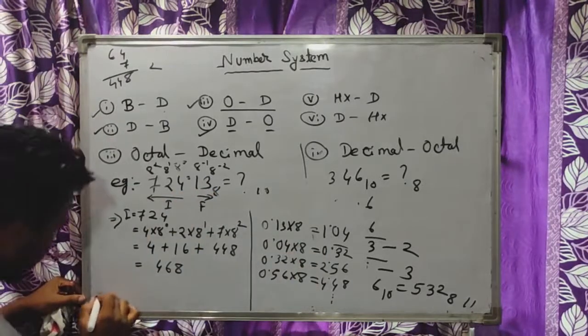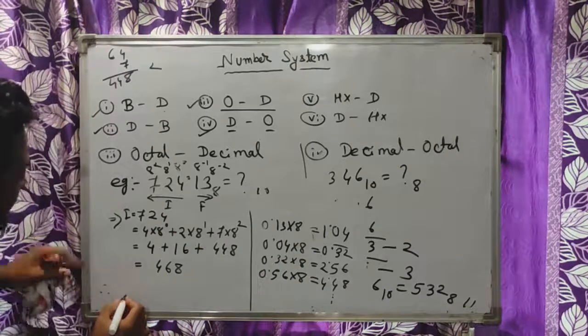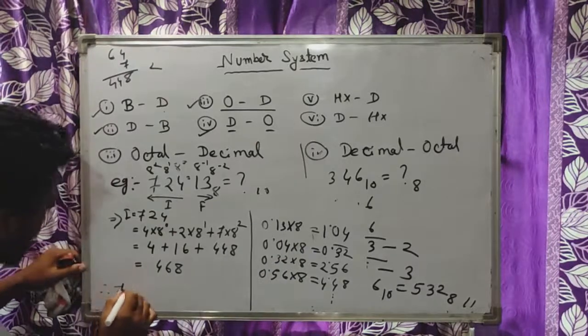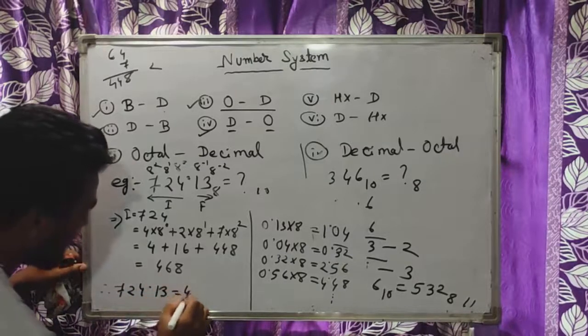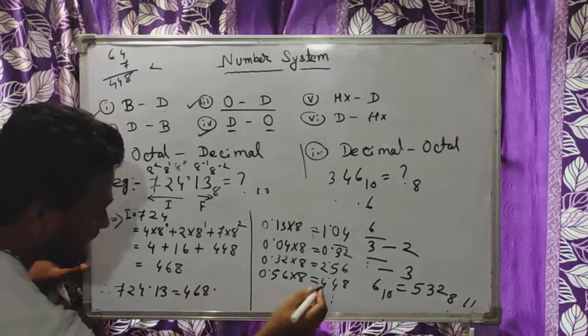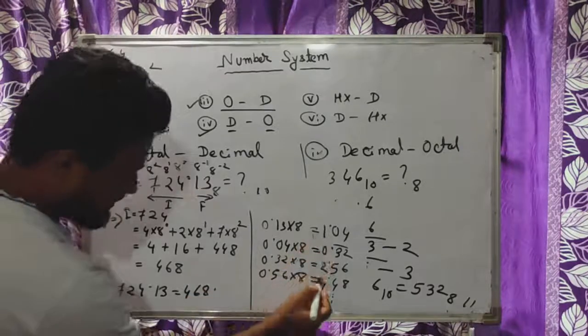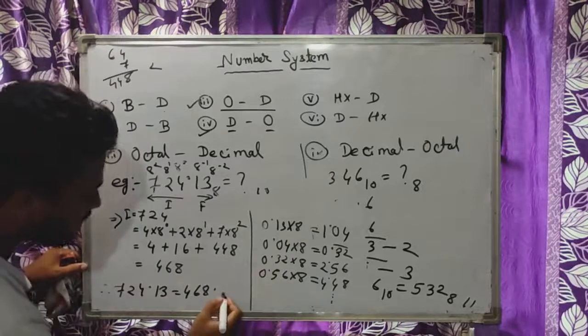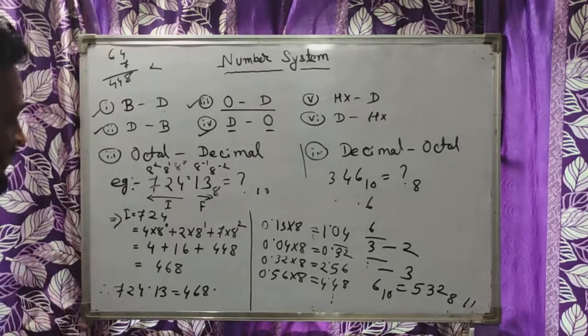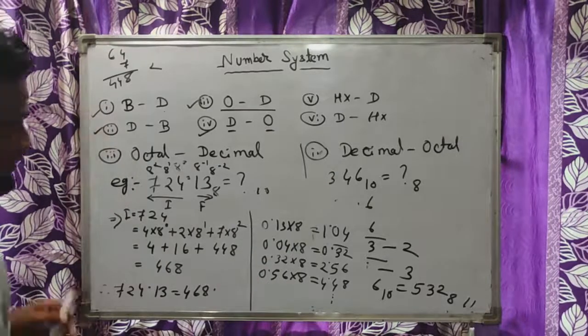Our ultimate answer will be 724.13 equal to 468 point something. Sorry, there is a mistake. This is my mistake.